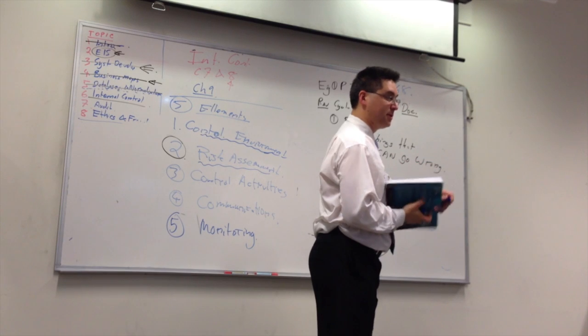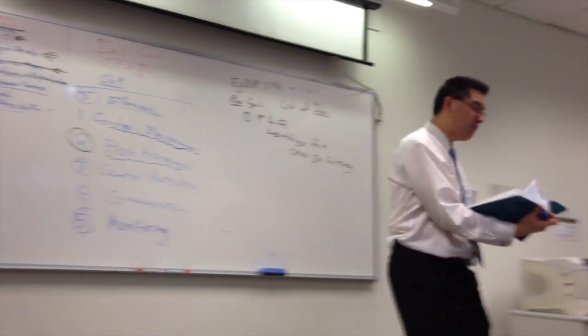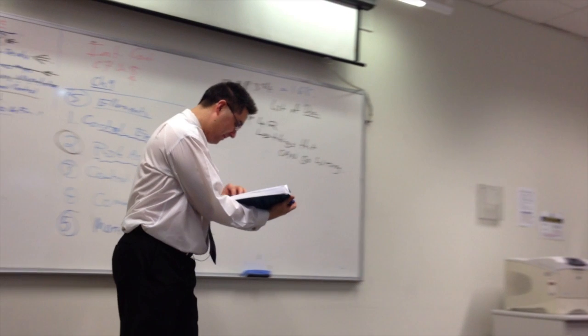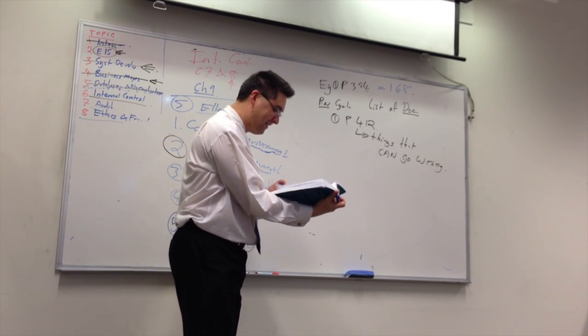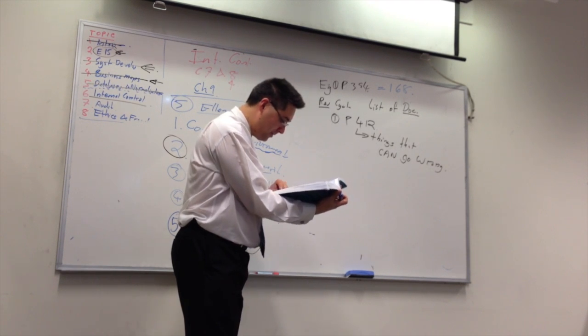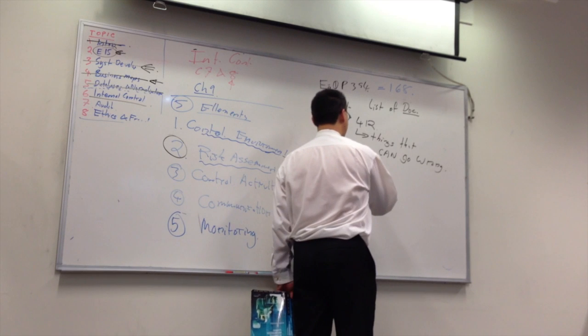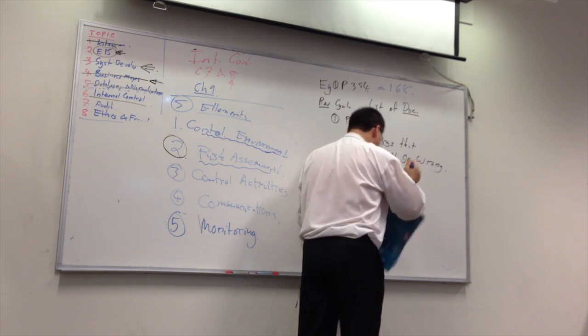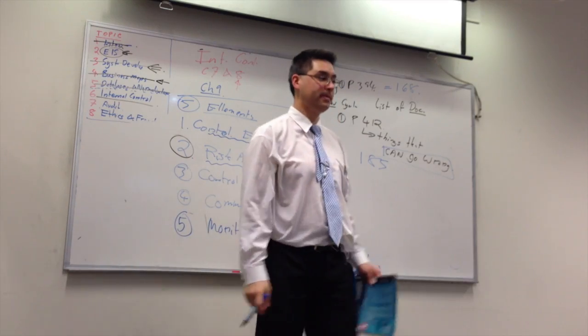Here's a list of the documents. You're right, it is a bill of lading. I've always said landing my whole life. And then it starts on page 185, a list of everything that can go wrong.